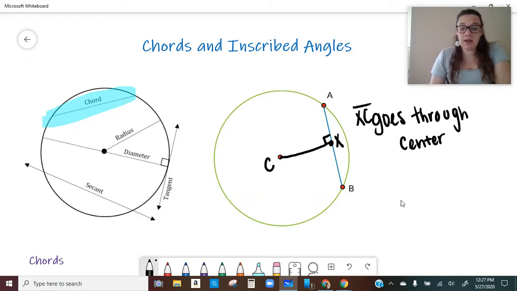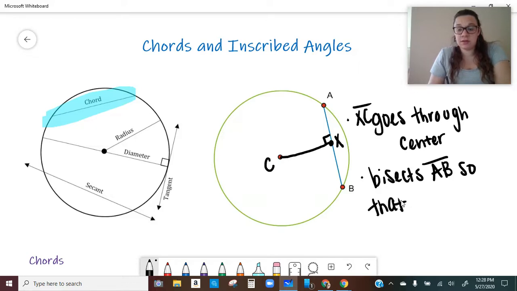That's one property. Another property is that because it's perpendicular, it actually also bisects the chord. So not only does it go through the center, but it bisects AB so that these two pieces are congruent. AX is congruent to XB. We know these two facts about chords here based on the perpendicular bisector going through the center.